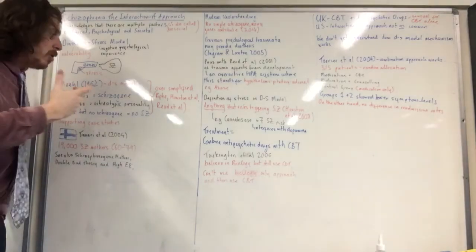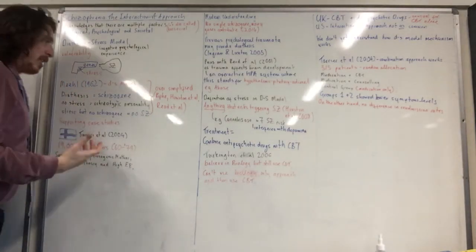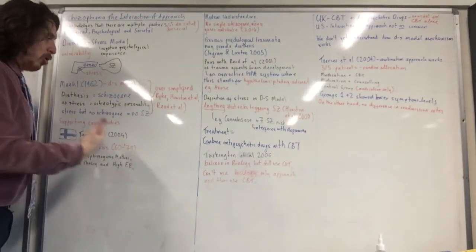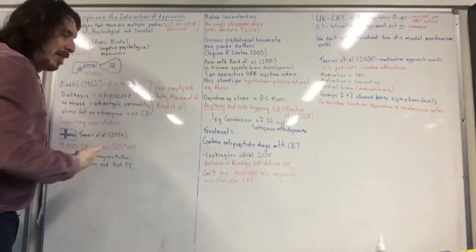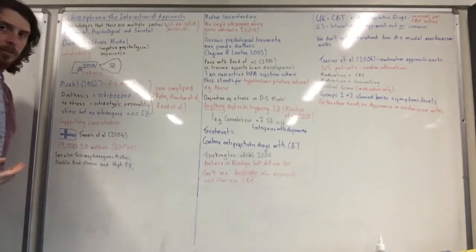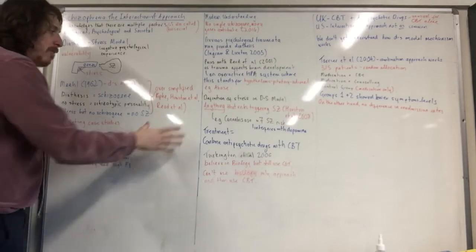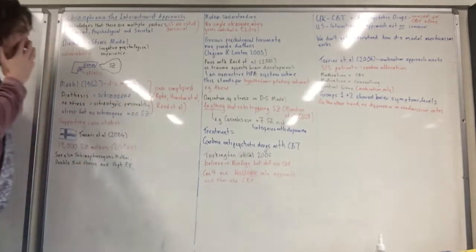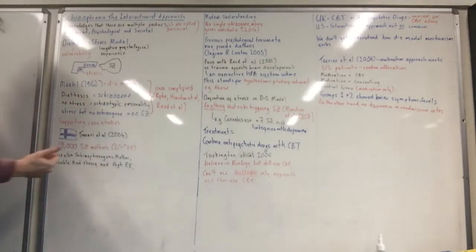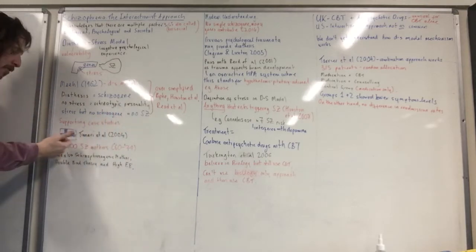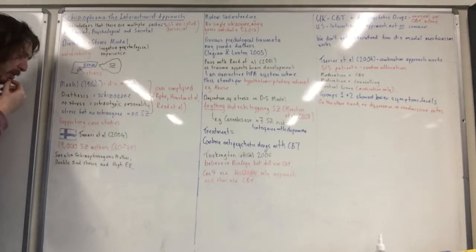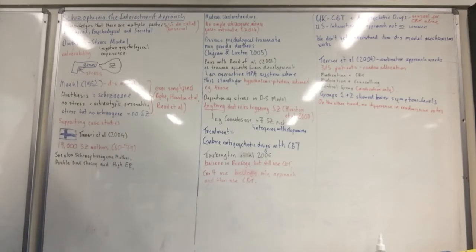In terms of a criticism, we say that this is oversimplified, and we'll talk about Ripke, Houston et al. and Read et al. and why that's an oversimplified model. So in terms of your AO3 evaluation, this is an oversimplified model. Supporting case studies from Meehl is the Finnish adoption study from Tienari et al. in 2004, and you can find that in an earlier video.